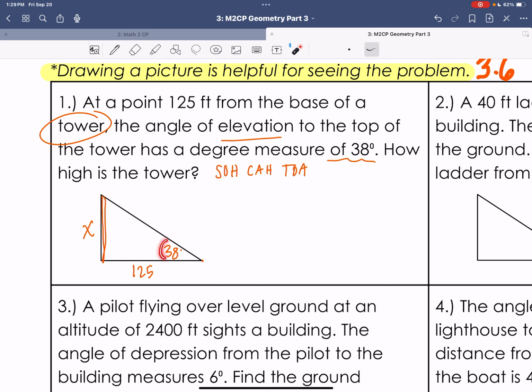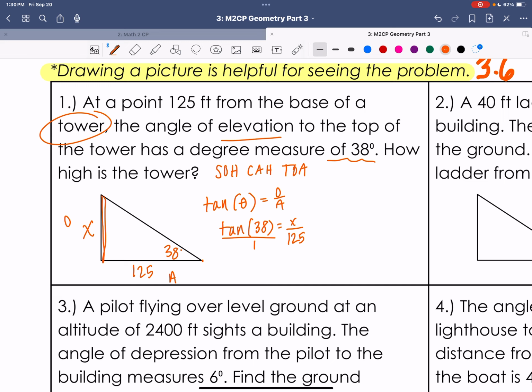All right, we have an angle, so we're going to use either sine, cosine, or tangent, and it's giving us opposite over adjacent, so let's label our sides. If we're going to use opposite over adjacent, we need to use tangent. All right, so our angle is 38 degrees, opposite is x, adjacent is 125, so the proportion, cross multiply.